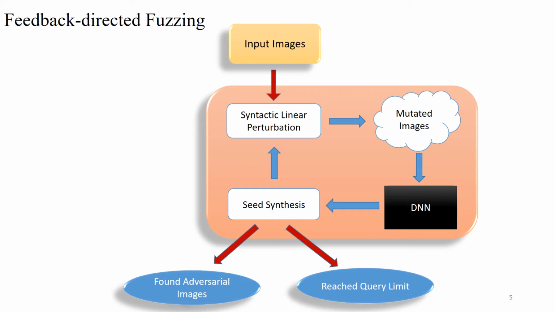After querying the neural networks on mutated images, DeepSearch synthesizes a new seed image to be used for fuzzing in the next iteration. The fuzzing process continues until it either finds adversarial examples or it reaches the query limit. I will first introduce how DeepSearch attacks binary classifiers, and then extend DeepSearch to deal with multiclass classifiers.